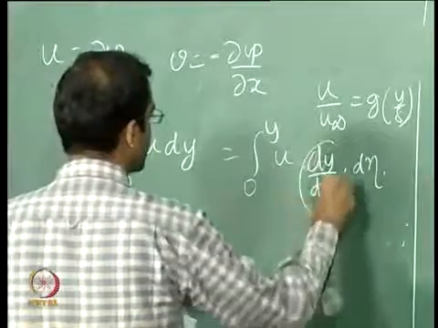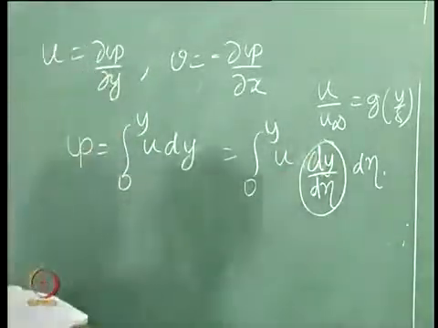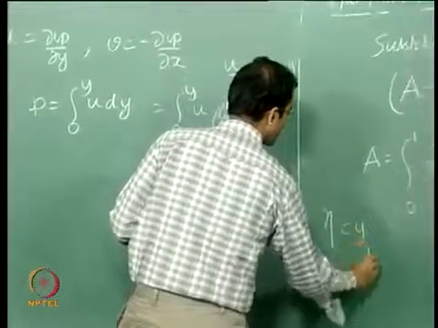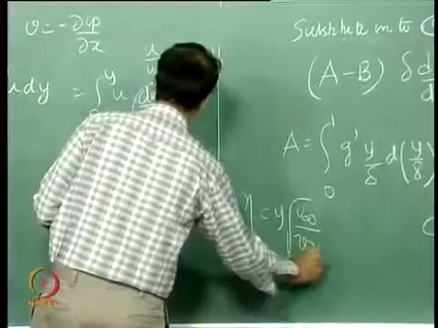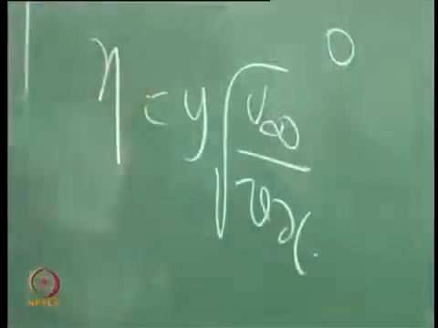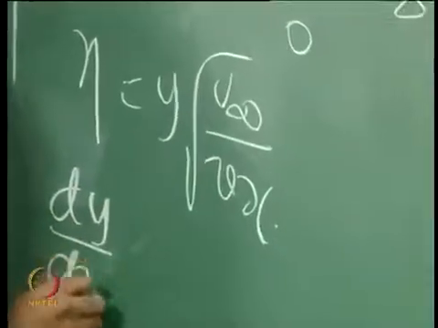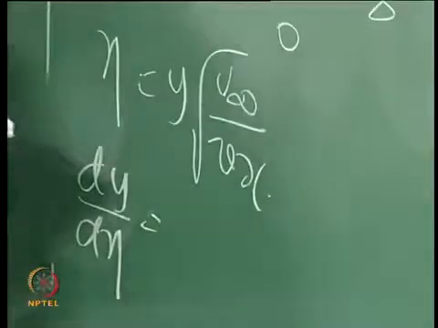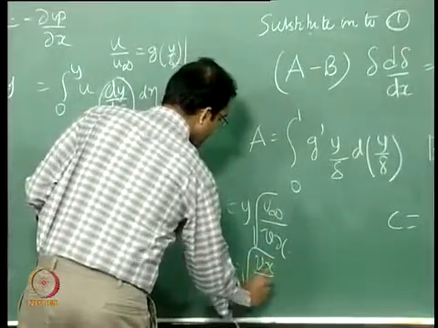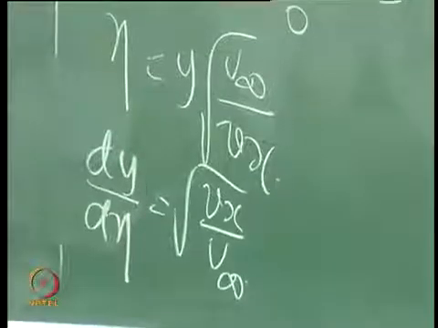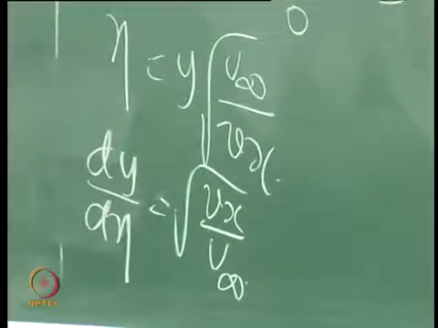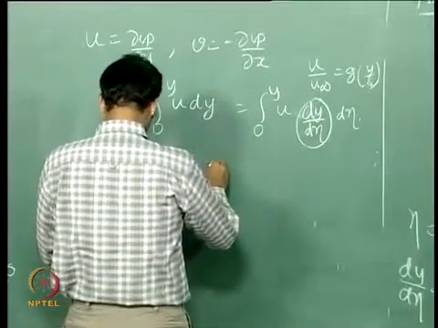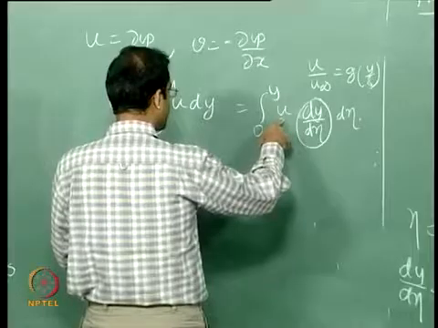Now we have constructed a relationship for eta, which is y times the square root of u infinity by nu x. So you can calculate what dy by d eta is. What is dy by d eta here? Square root of nu x by u infinity, so that I can substitute into this, and I can write this in terms of g.